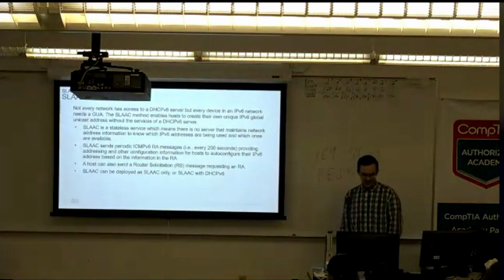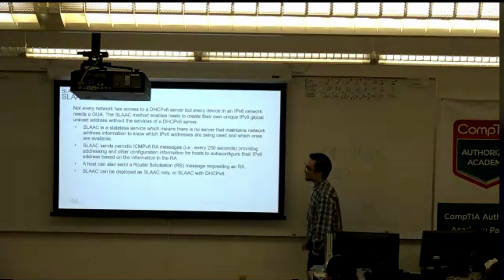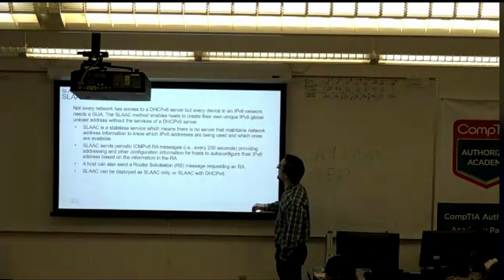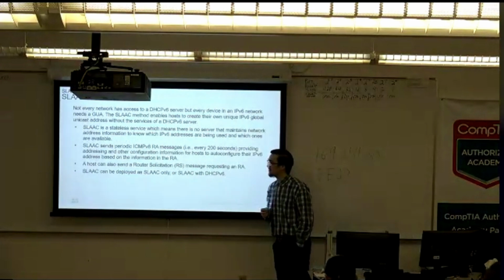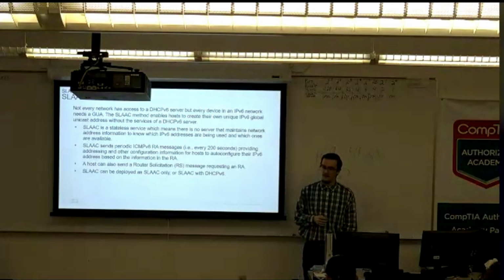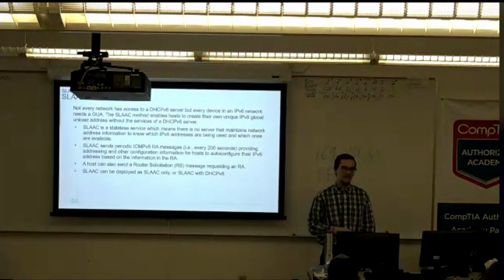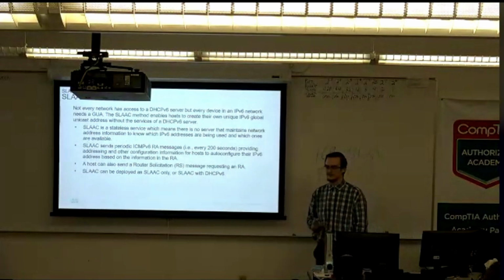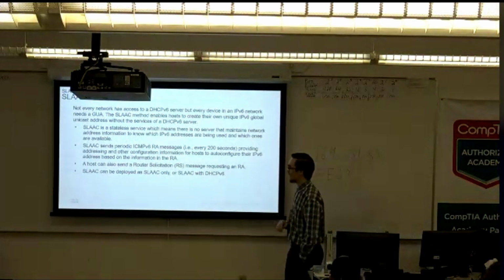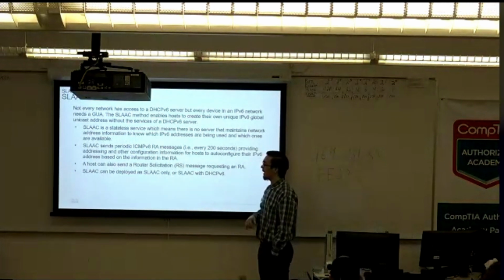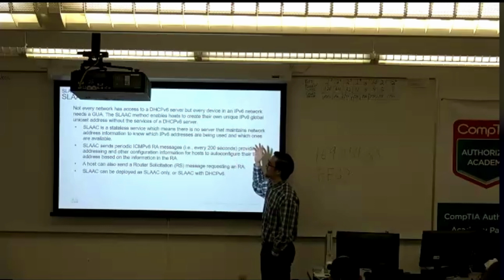So not every network has access to a DHCPv6 server. And quite frankly, you don't need one. With IPv4, unless you wanted to pay someone to be there on the clock assigning static IP addresses, you needed to have a DHCPv4 server. It's not really an option. You can absolutely get away with not having a DHCPv6 server.